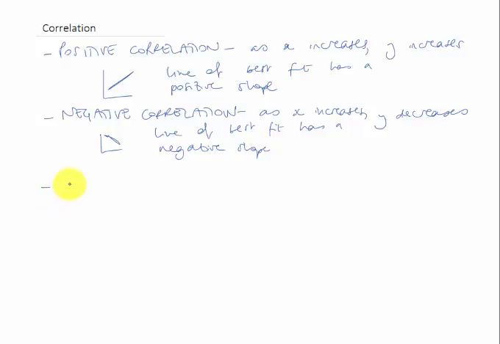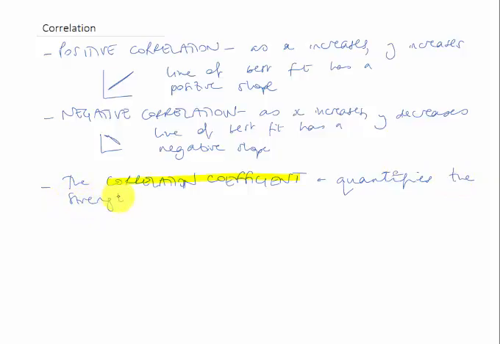There's also something called the correlation coefficient, which you won't be asked to calculate, but I'd like you to know what it is. Correlation coefficient. And that quantifies the strength of the correlation.